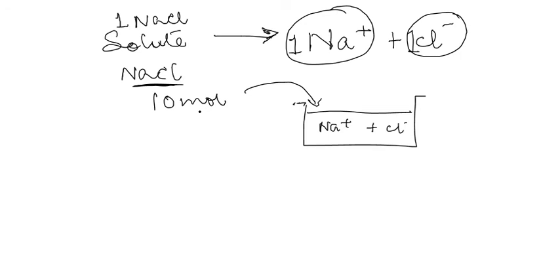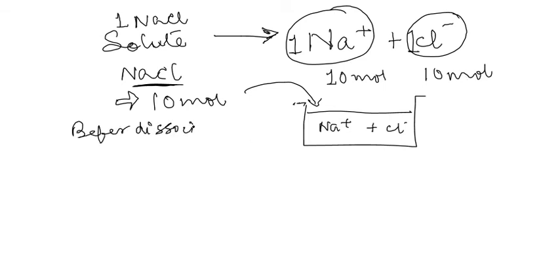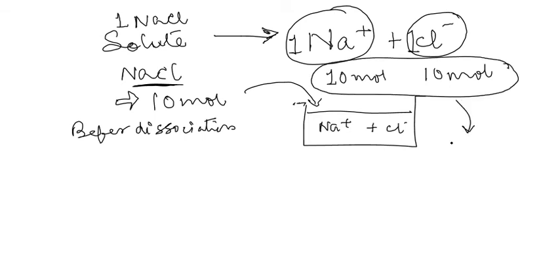If we had taken 10 moles of sodium chloride, we'll have 10 moles of sodium ion and 10 moles of chloride ion. So this is before dissociation, and after dissociation the total number of ions that we have is 20. That is after dissociation.